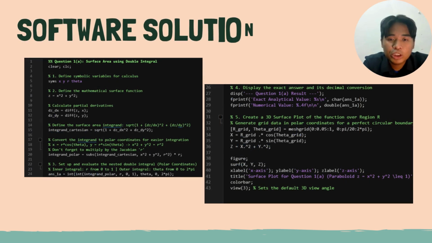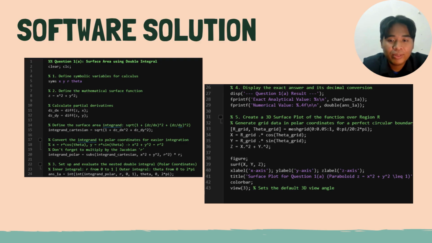This is the software solution that I am using in MATLAB. So let me teach you how to use MATLAB and write the code in here. So first step, in lines 1 and 2, first I use clear to remove all existing variables from MATLAB memory. Then I use clc to clear the command window so the outputs appear clean.